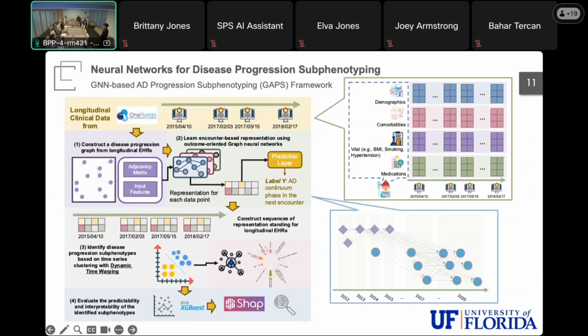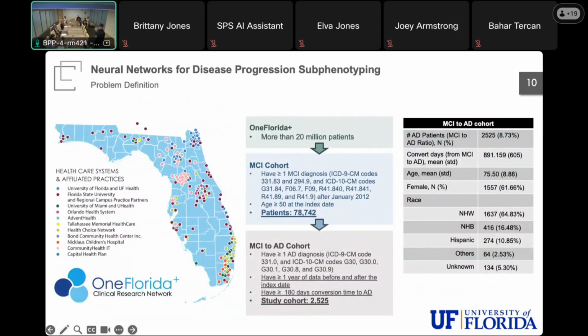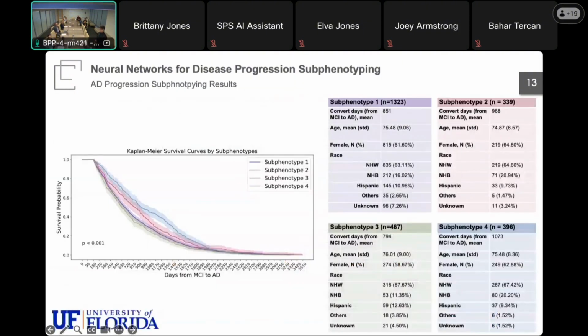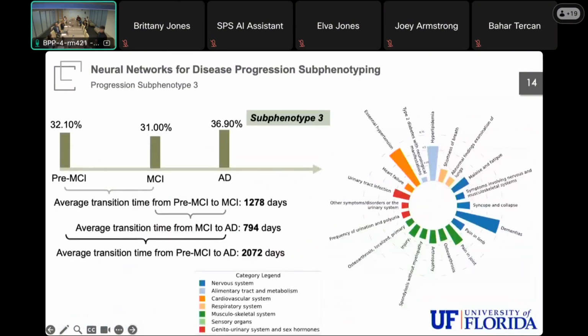And I had also another question. We use ICD-10 codes for the subphenotypes, and if you go to the subphenotypes, the third one, for example. One more slide. This one. So for example, here you have pain in joint and pain in limb. A lot of the times those could be ICD-10 errors where people are miscoded in the EHR.